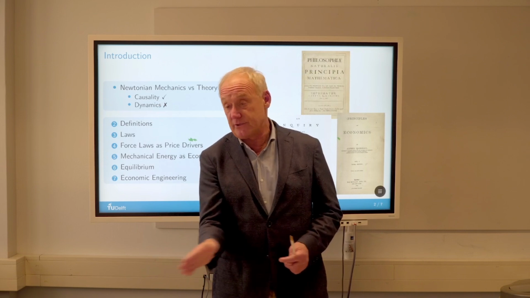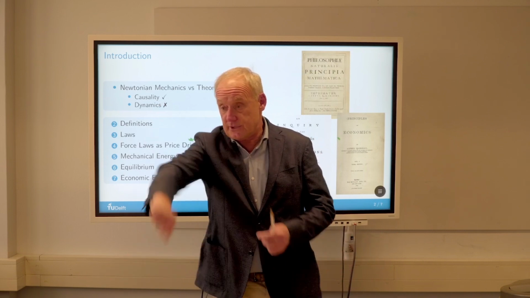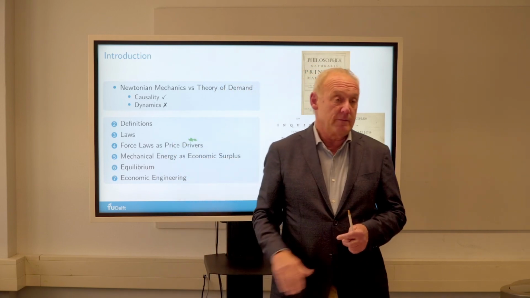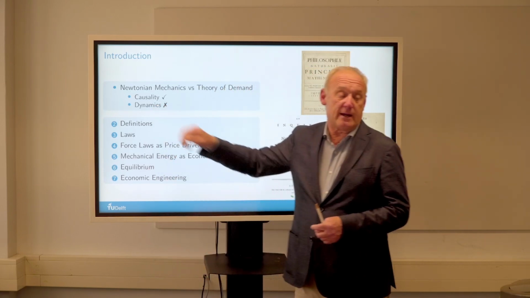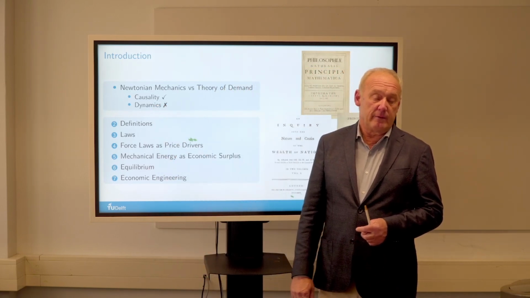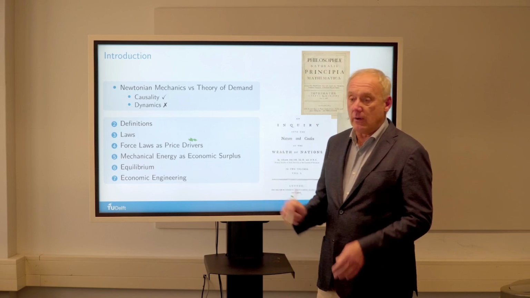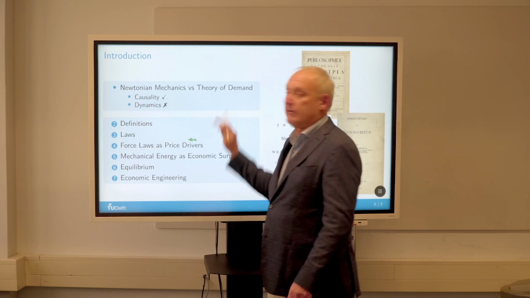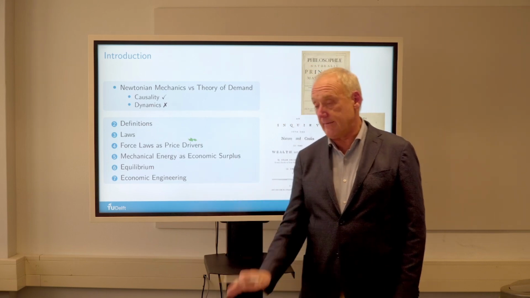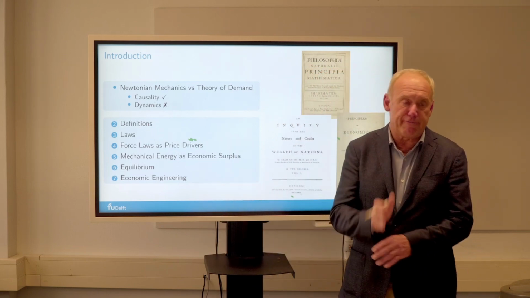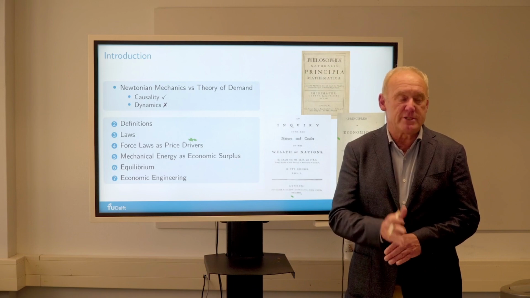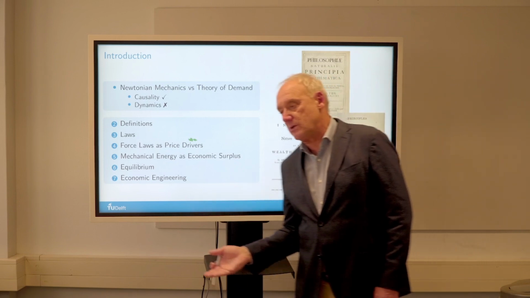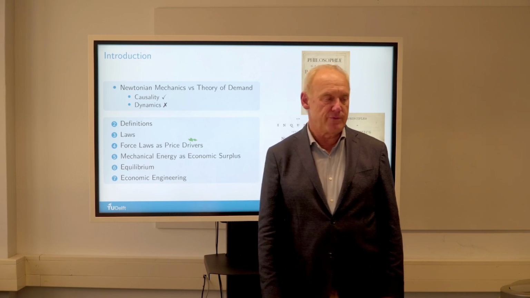That's a kinematic solution. It can be just the kinematics of a robot: velocity here, velocity there, whatever. But it has to be that the momenta and the forces change over time. Then you have a dynamic theory. So Newtonian mechanics is a dynamic theory, but the theory of demand is not a dynamic theory. There are no differential equations in time telling you how the price will move and how, as a consequence, the quantity demanded.